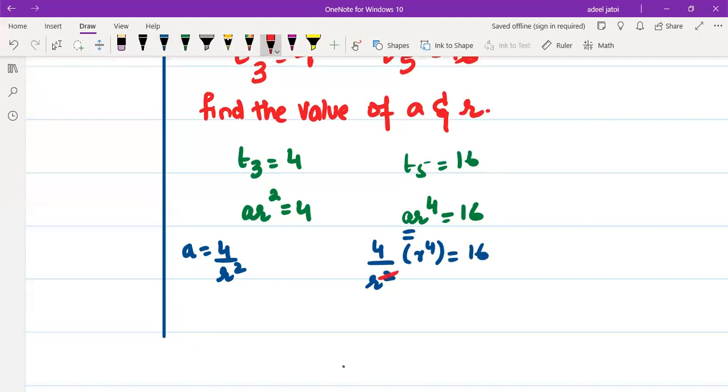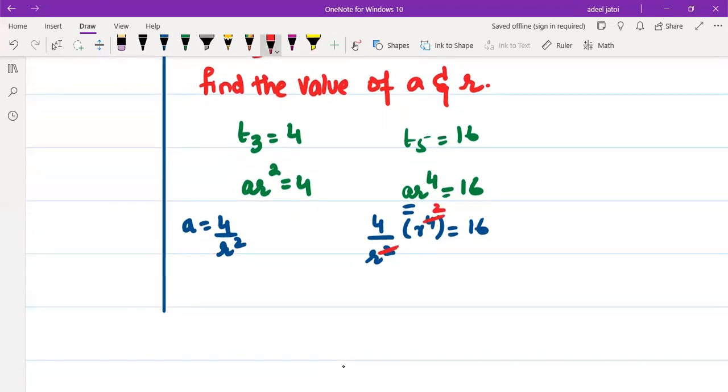If we cancel the square with 4, we are left with what? 2. So can we say that R squared is equal to 16 divided by 4, which will be 4. But R should be under root 4, which means you will have the ratio in plus and minus.